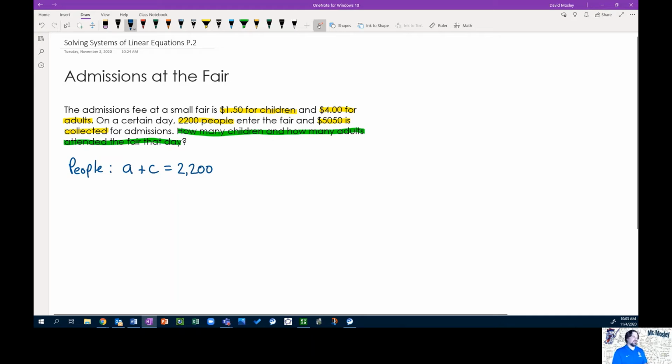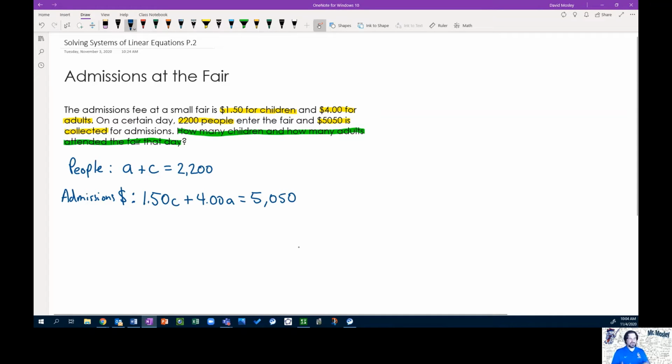So that's one equation we can set up. The other one is for the admissions, the money they made, the dollars. In that case, we have $1.50 for children plus $4 for each adult, and that equals 5,050.